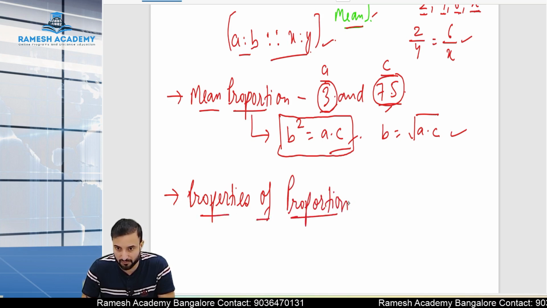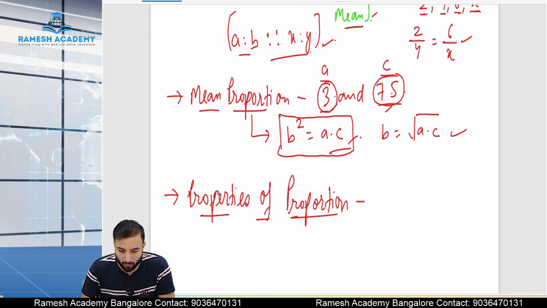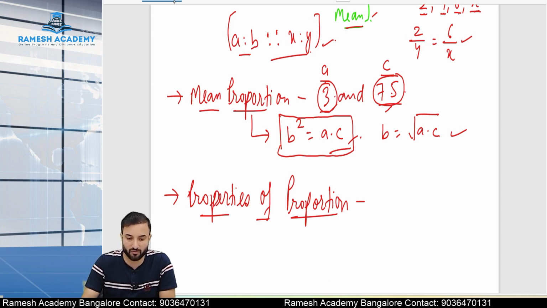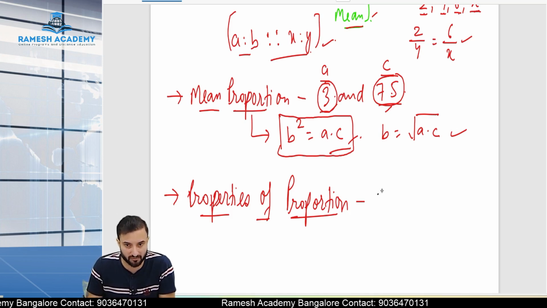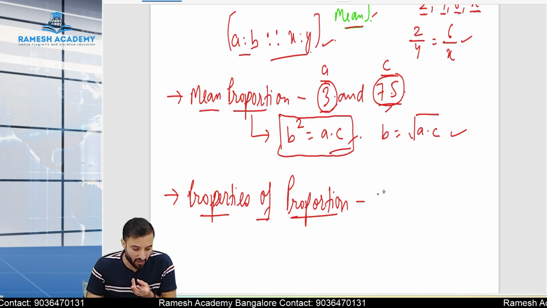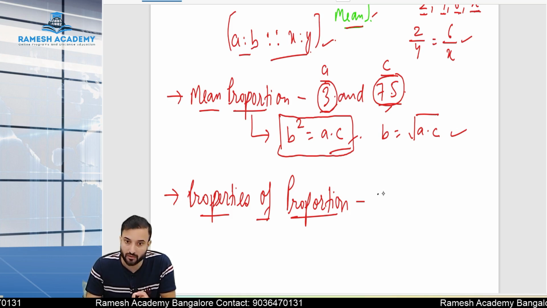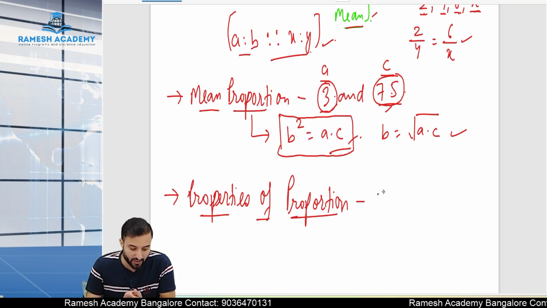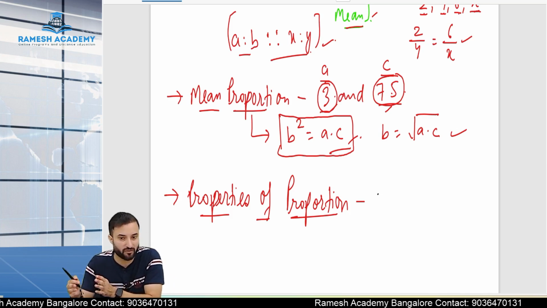Properties of proportion have different properties, like invertendo, alternando, componendo, dividendo, componendo and dividendo, addendo, subtrahendo. So these are the properties of proportion.